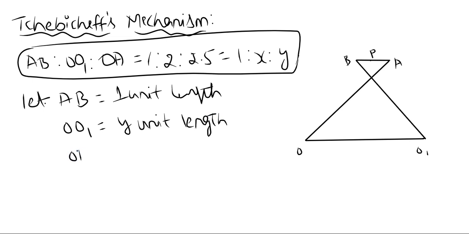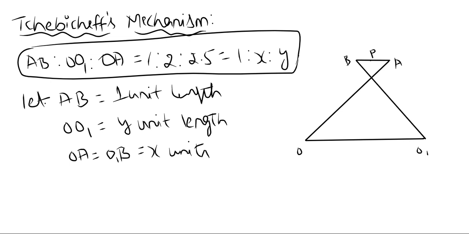And next OA or O1B, its length should be equal to x units. So OO1 will be y, AB will be 1 unit length, and similarly OA or O1B will be x. So like that we are considering.